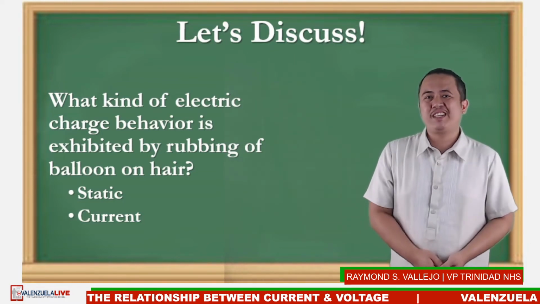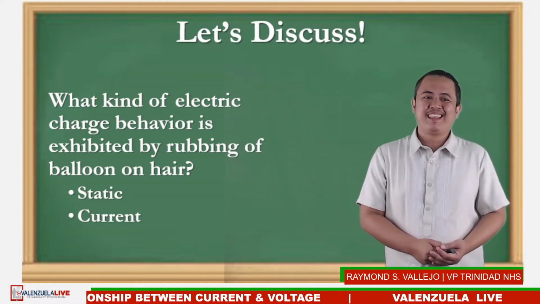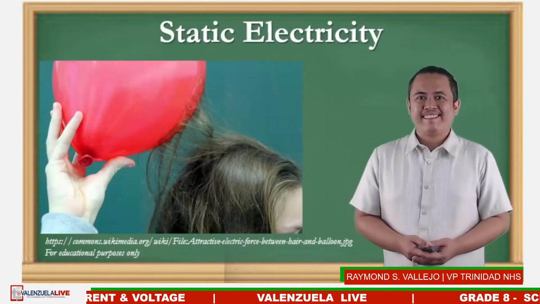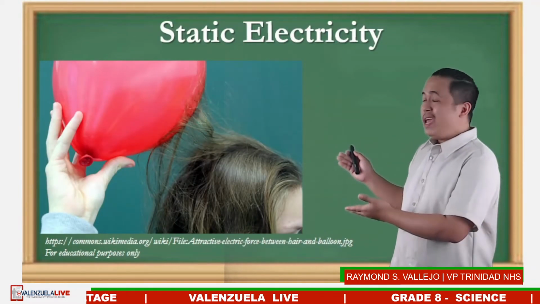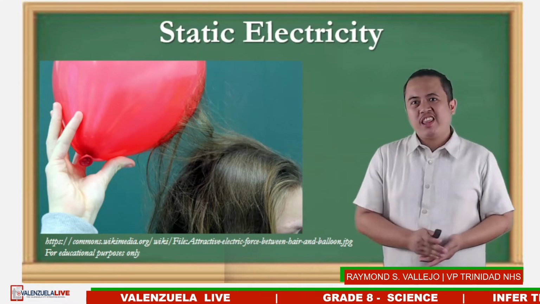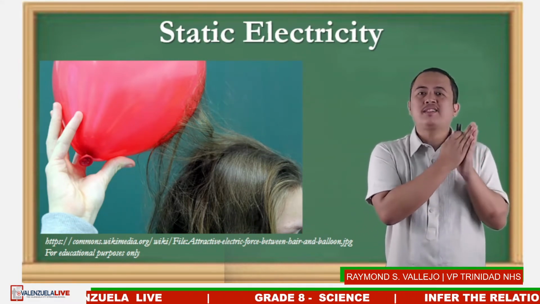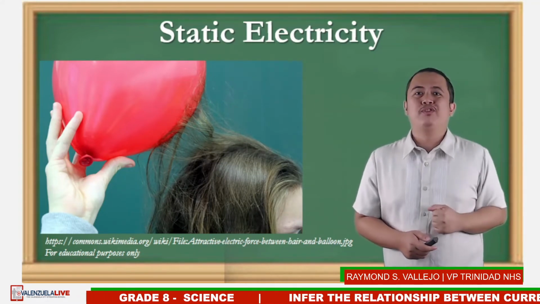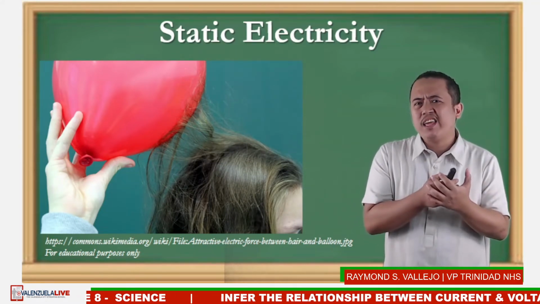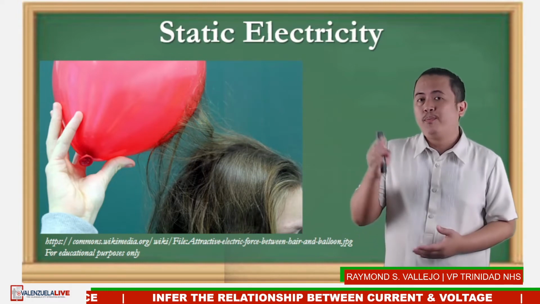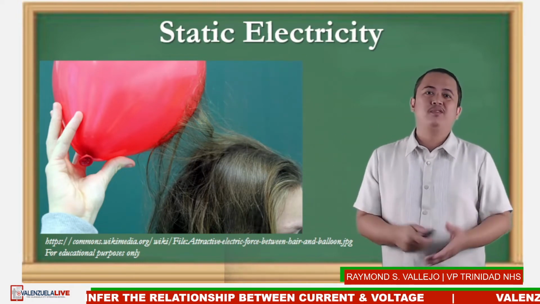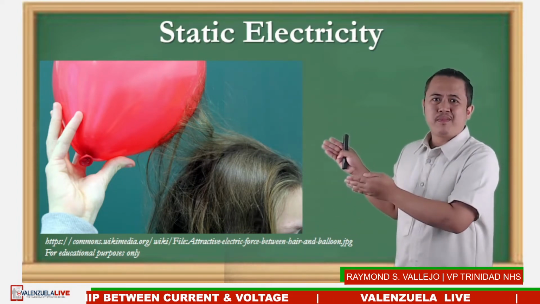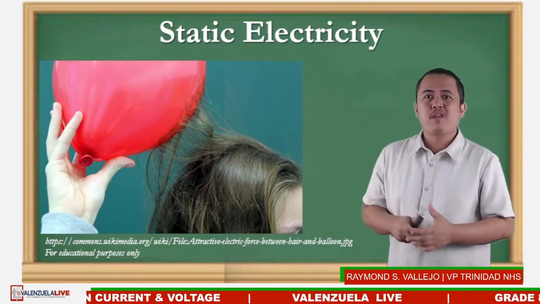If you answered static electricity, then you got the correct answer. The rubbing of the balloon to the hair generates friction and causes the electrons of the hair to transfer to the balloon. In effect, it generates an electric charge on both the hair and the balloon. My question is, in this situation, what is the charge of the hair?